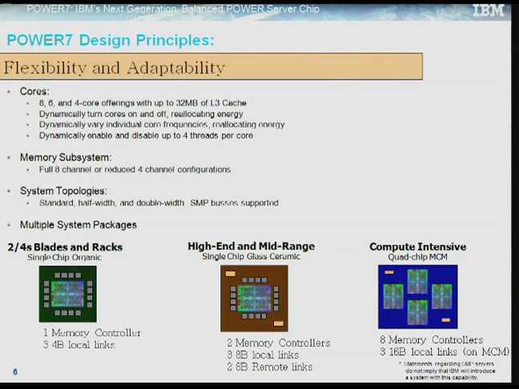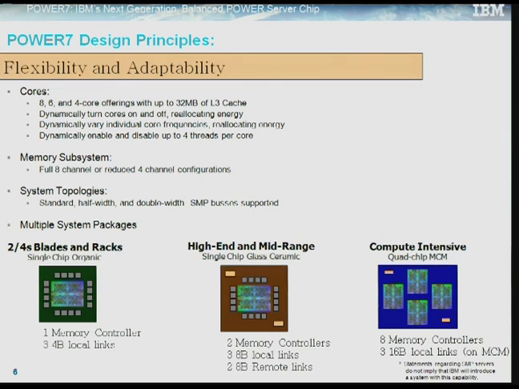Each core also has its own digital PLL, allowing independent frequency control per core to match workload demands. To balance workload threading requirements, the Power 7 chip can switch between SMT1, SMT2, and SMT4 mode dynamically. Currently, 3 packages are being offered for the chip.